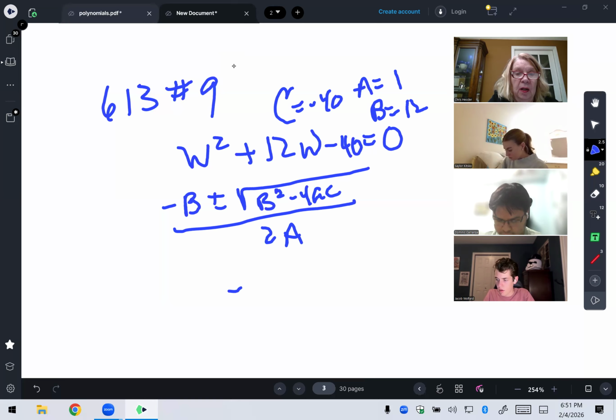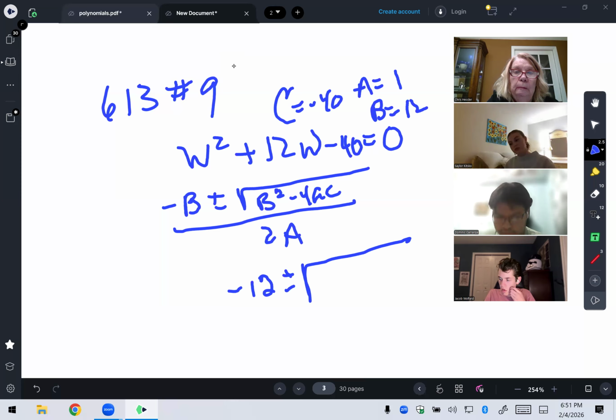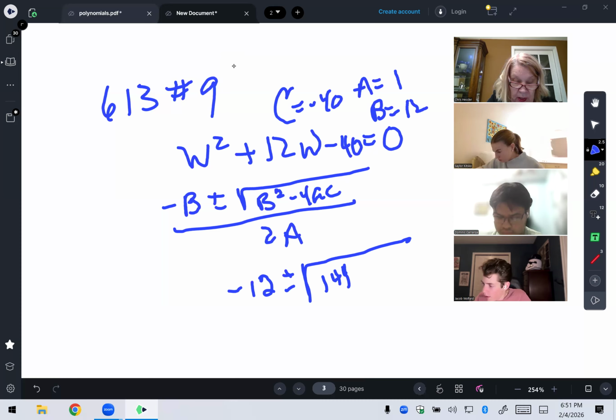So that'll be -12, 144, and 4AC is going to be what, 304? Yeah, the whole thing will end up being 304. It's 144 minus 4 times 1 times -40.